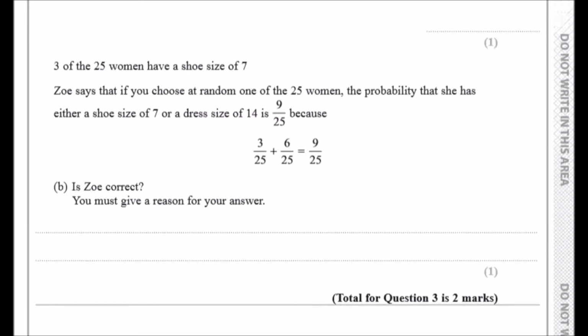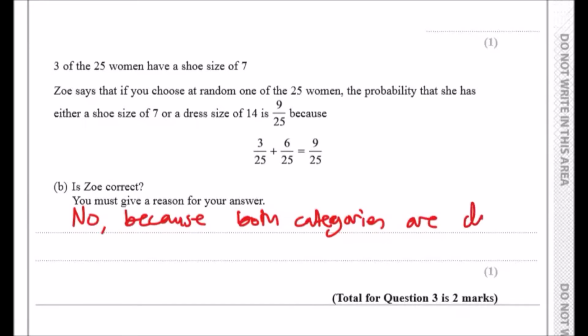Let me get my pen. It's false because these are 2 different variables, okay? You cannot add probabilities of 2 different variables. So no, because both categories are different.